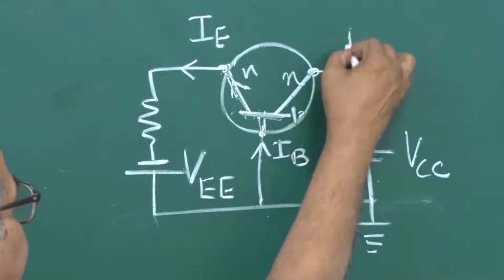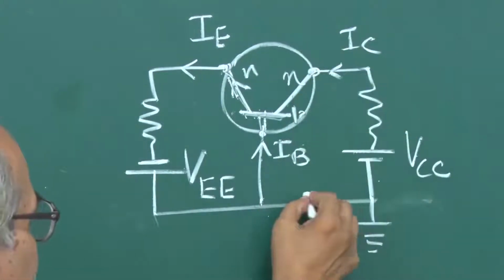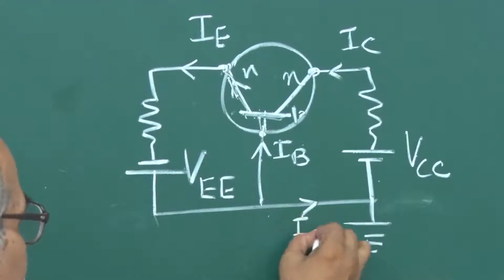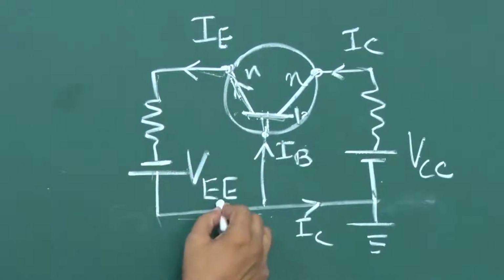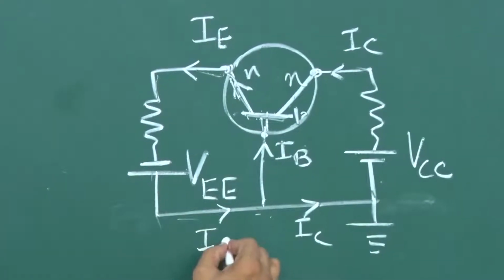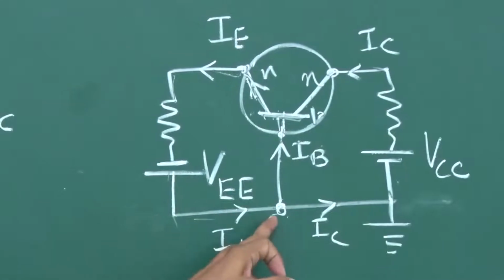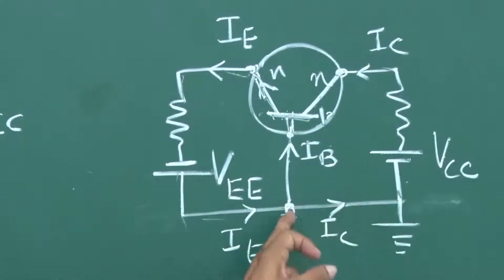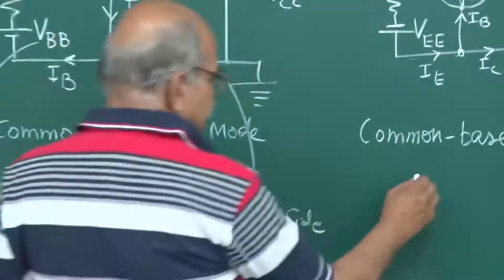This IC current must have gone from here, because this is one series, and this IE is one series, so this IE will go like this. So once again you can see that IE is equal to IC plus IB, the same IE equal to IB plus IC.